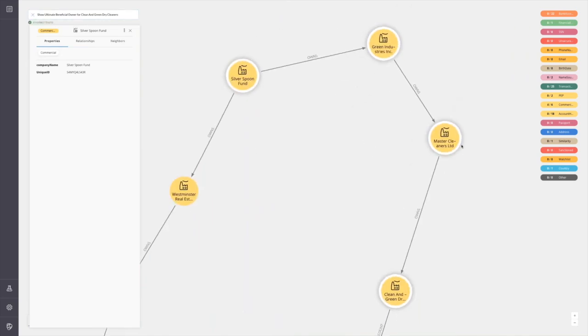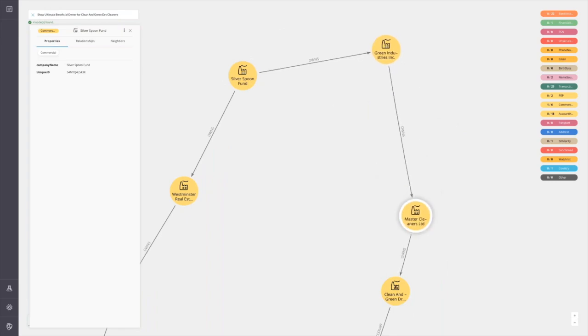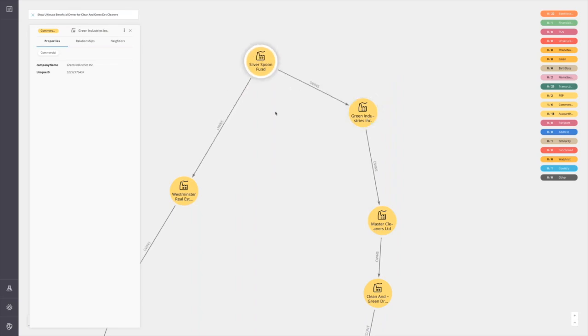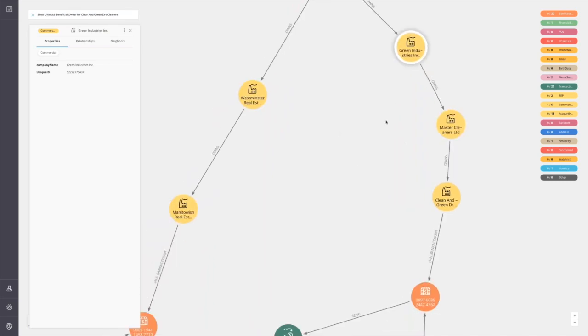And what do you know? They actually have the same ultimate beneficial owner. Master Cleaners Limited owns Clean and Green, they are owned by Green Industries Inc., and then ultimately Silver Spoon Fund owns both of these companies.